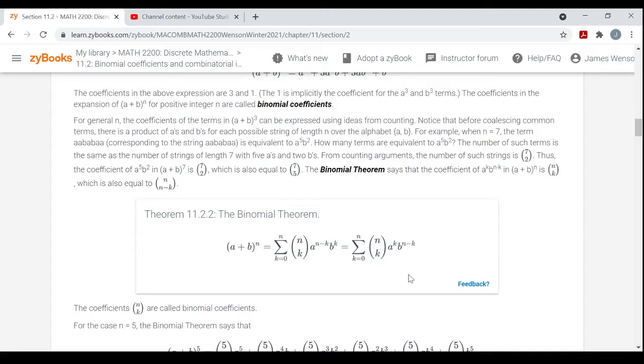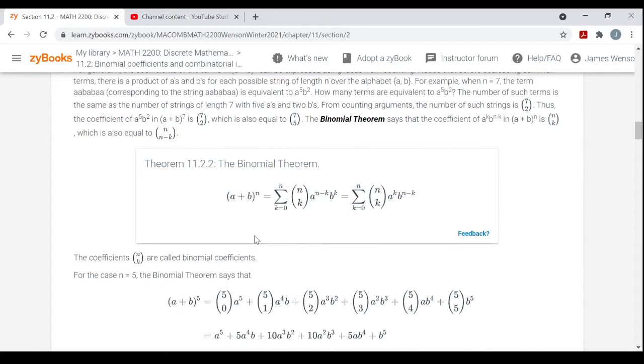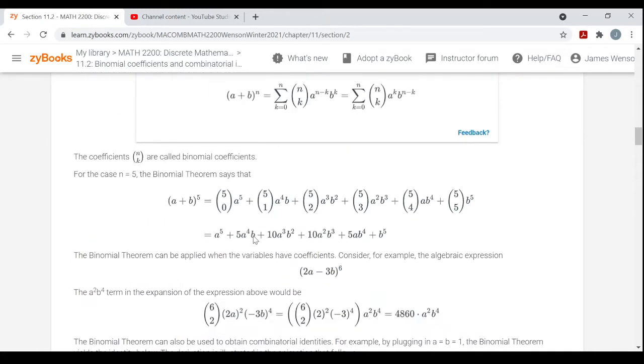The binomial theorem states the following, that if you take a binomial, a sum of two terms, a plus b to the nth, and n is a whole number power, you're getting a sum, the sum from k equals 0 to n, of n choose k times a to the n minus k times b to the k, or equivalently, n choose k times a to the k, b to the n minus k. So their first example here shows you how you would write a plus b to the 5th out.